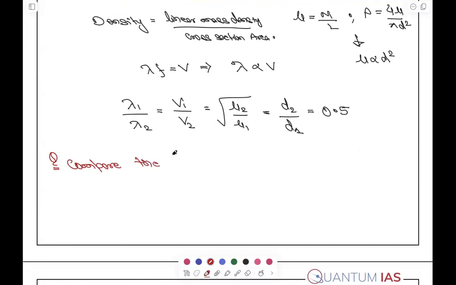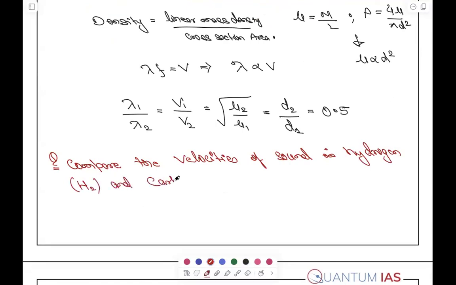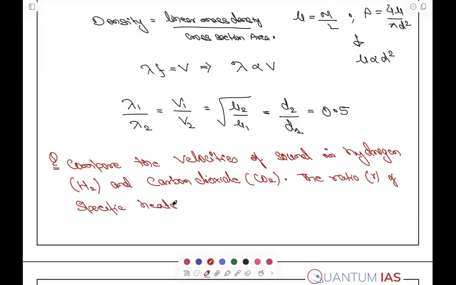Both formulas will be derived, right? Compare the velocities of sound in hydrogen H2 and carbon dioxide CO2. The ratio gamma of specific heat of H2 and CO2.